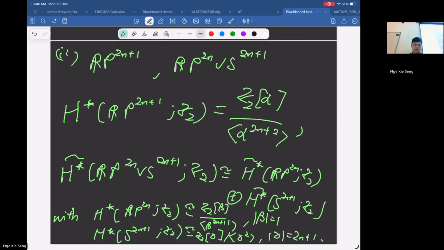So let's say there's a ring isomorphism.